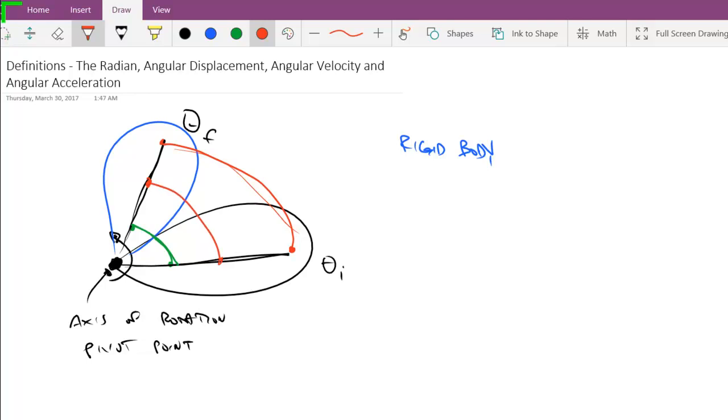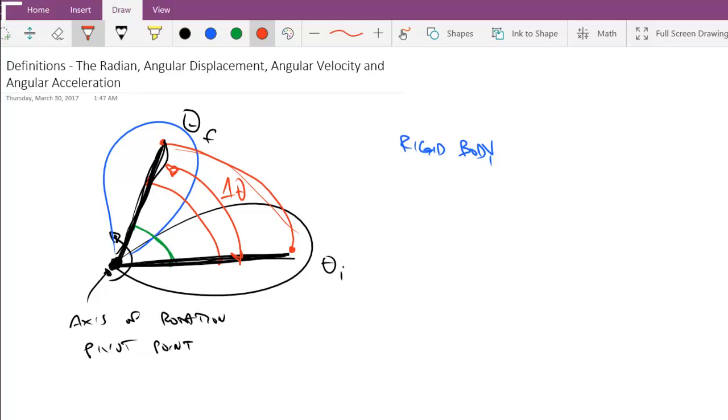and some other point in between would again not have the same linear displacement that either of the other points had. But we do note, however, that if these points all lie along this initial angle theta initial, and then they all lie along this same angle theta final, they all go through the same change in angle. So they all go through the same delta theta.